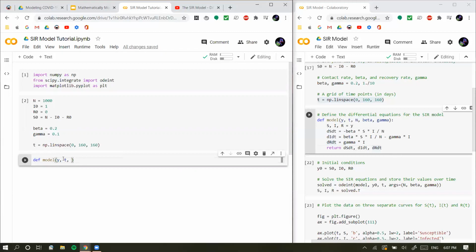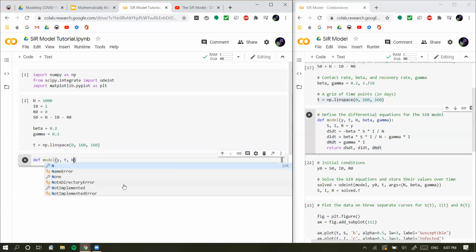If you remember, t is going to be the little grid, the 1 day segments over 160 days. The other one we want is the n. If you remember, that's the total population. And we also want beta and gamma, which are just our rates, our probabilities that we put up there.